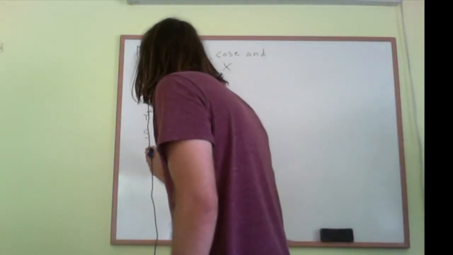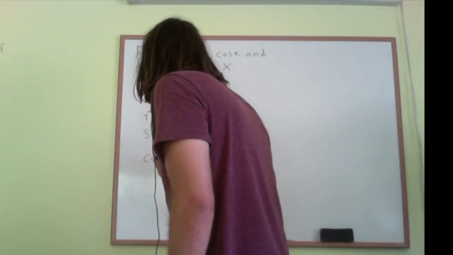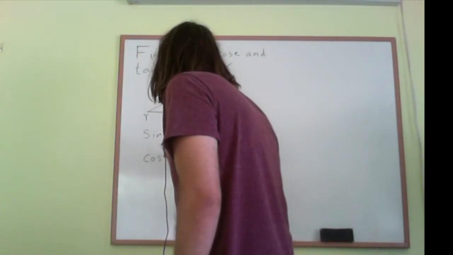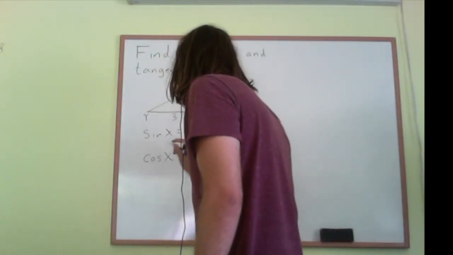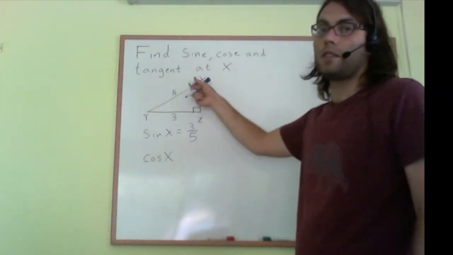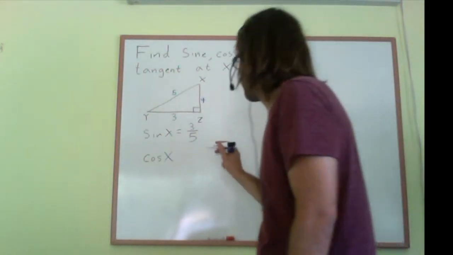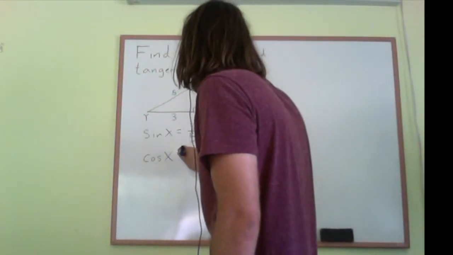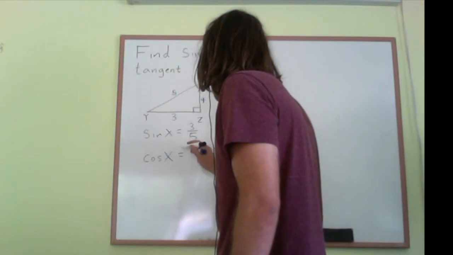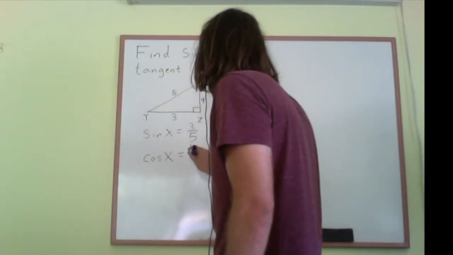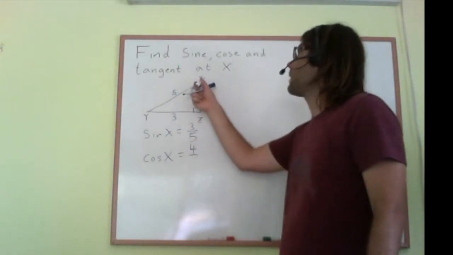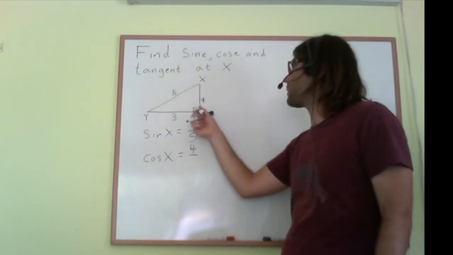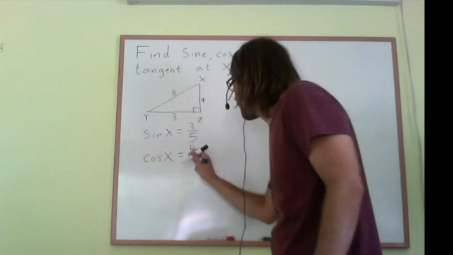Cosine of x is going to be the side adjacent to x, which is 4, over the side which is the hypotenuse, which is opposite 90 degrees, so that's going to be 5.